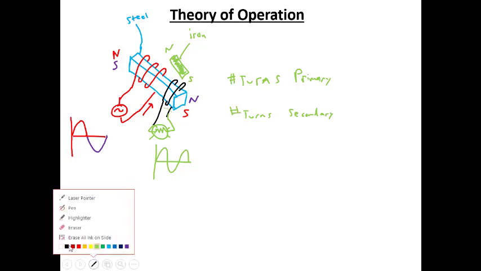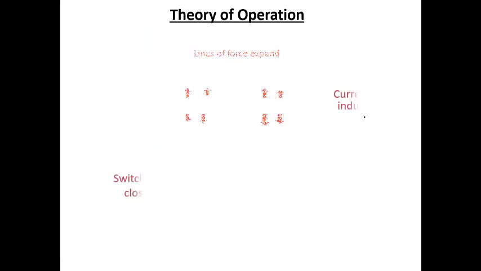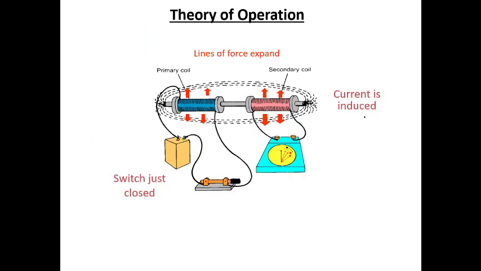So for this whole lesson, every time we're talking about transformers, the primary is always connected to the supply, and the secondary is always connected to the load. All right, so let's look at maybe a little bit of a better drawing of this. So here is an example where we have a bar and then we have a coil of wire. Now you'll notice in practical transformers that they use a lot of turns in order to make this work properly.